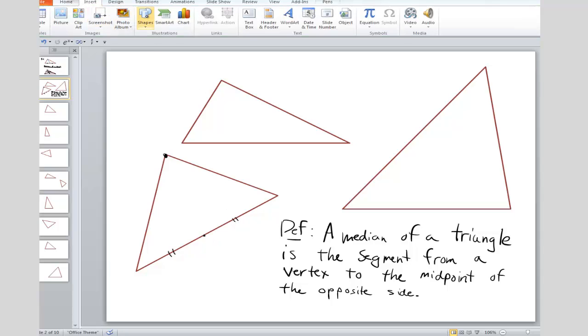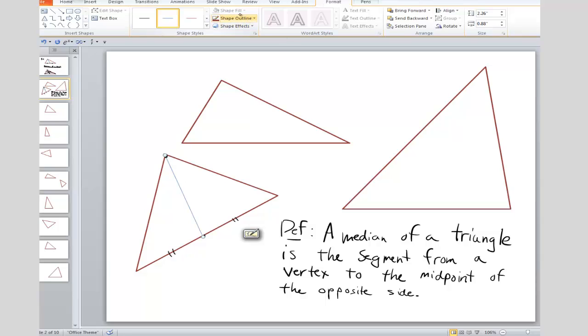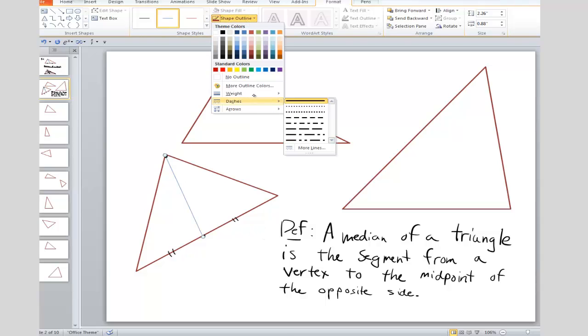So we can go ahead and draw a line going from this vertex to the midpoint. This line right here is the median itself. Let's go ahead and make it a little bit thicker.